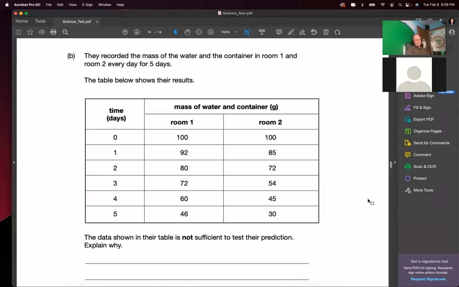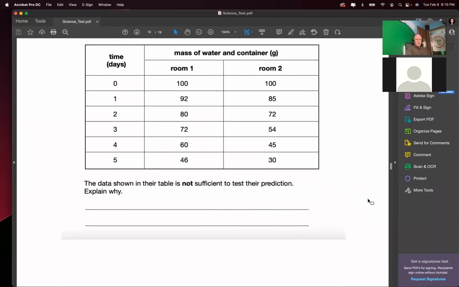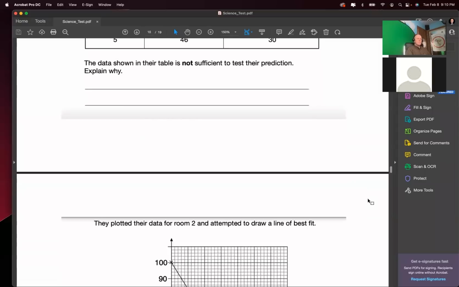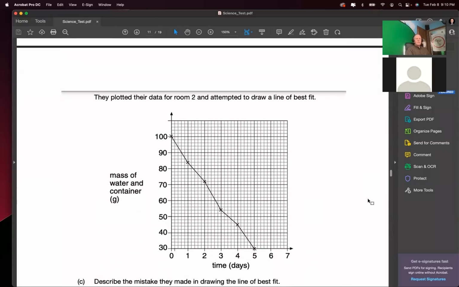But yeah, so it could be that room 2 is the colder room. At least they don't record the temperature. So that's your answer.